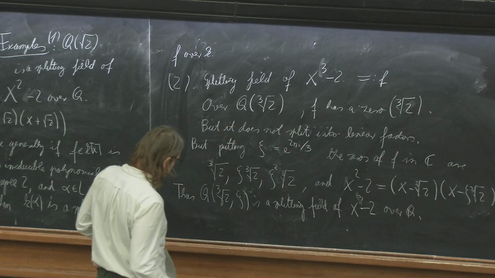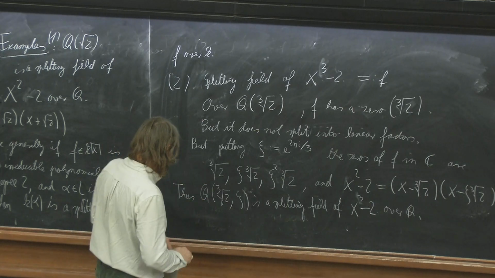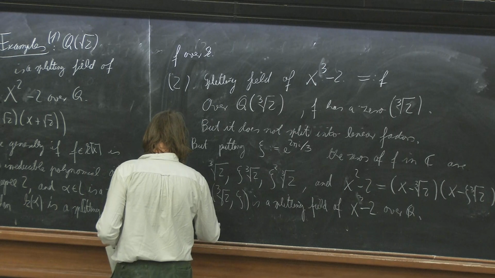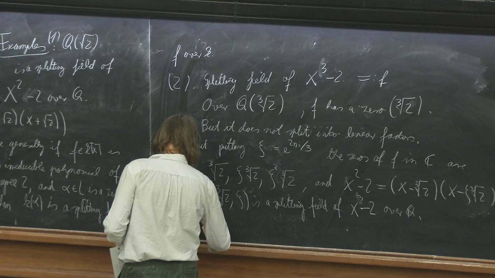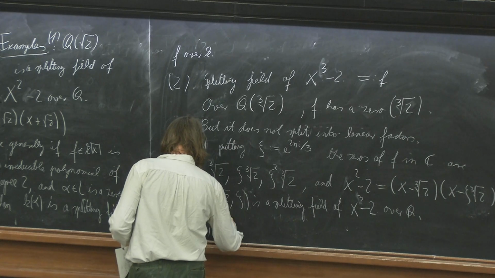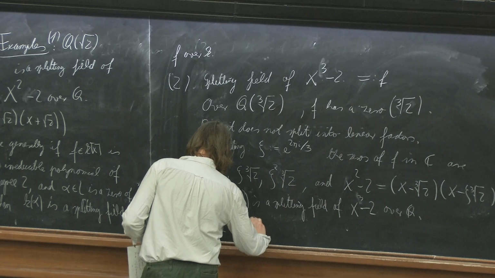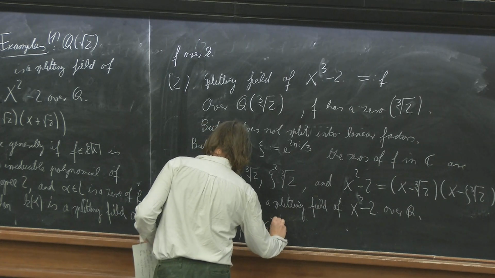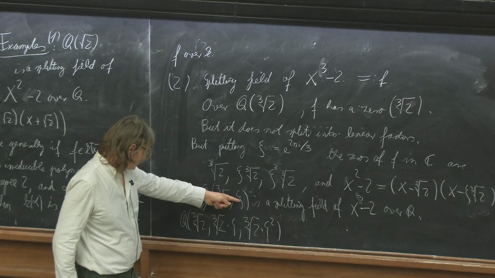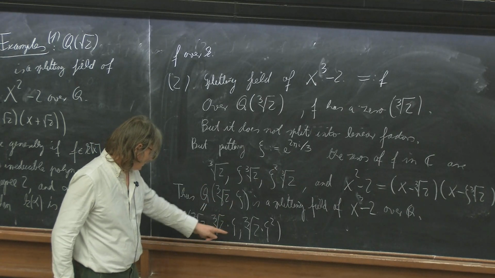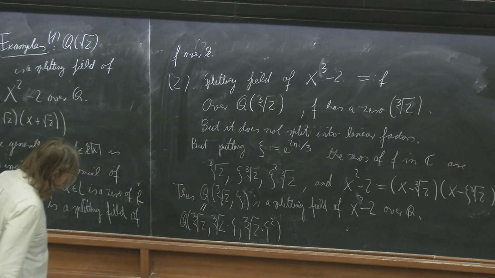So the point is here that you can obviously, it's easy to see that this is equal to Q adjoined the cube root of 2, theta times the cube root of 2, and theta squared times the cube root of 2, because you get theta here by dividing the second by the first, and on the other hand, if you have these two, you'll have these three below.